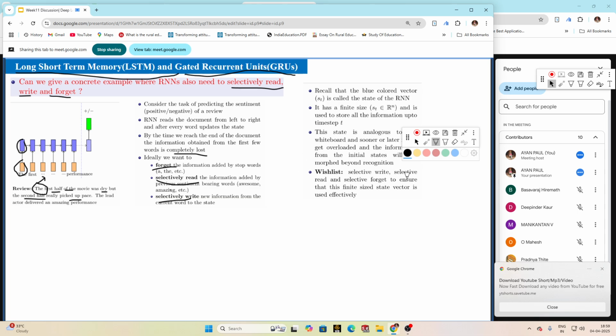Now recall the blue color vector. This blue color vector is nothing but your state, right? So this state can be thought of as your whiteboard. With a whiteboard we also have this problem of space, right? We can only write three or four sentences. So we have this problem of space.